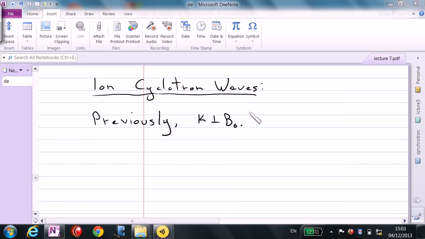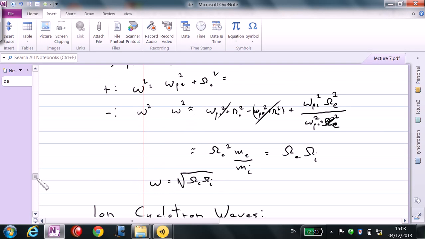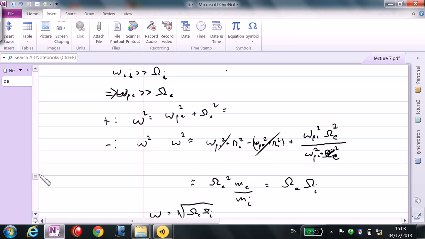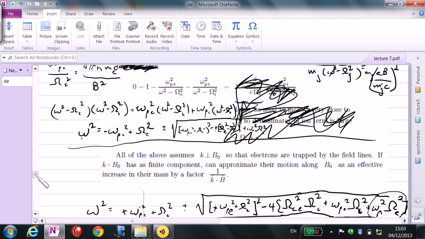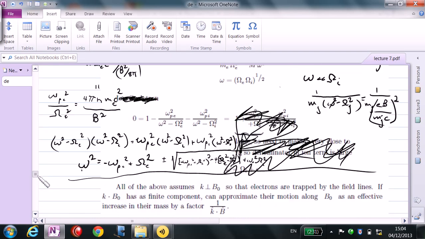Okay. All right. Now, we're at ion cyclotron waves. Now, why did I get confused? Because I was assuming that the electron contribution to the polarization, namely this, was the more important term than this, because electrons usually contribute much more to polarization than ions.